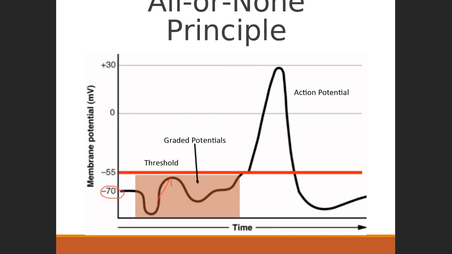Any change in a graded potential that moves away from threshold, we're going to consider inhibitory. And we can go through those fluctuations, and as long as we stay under threshold, we do not get an action potential.